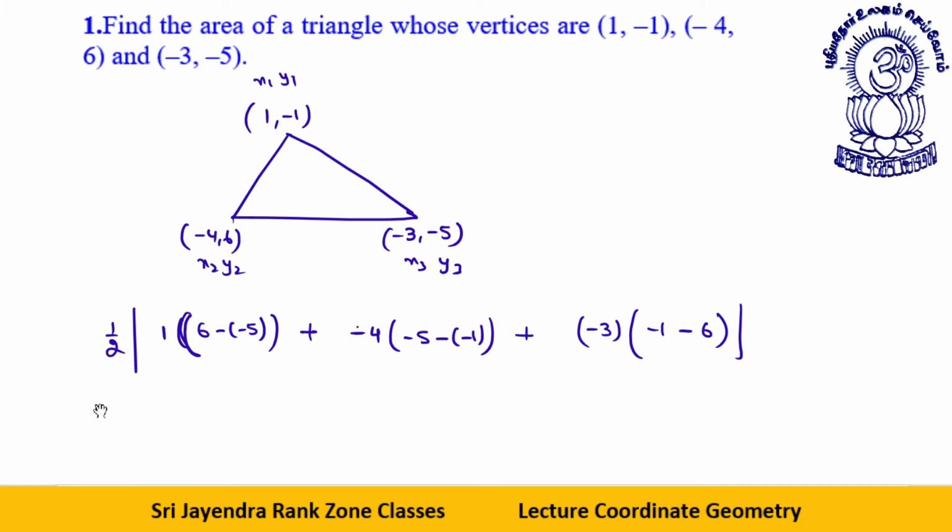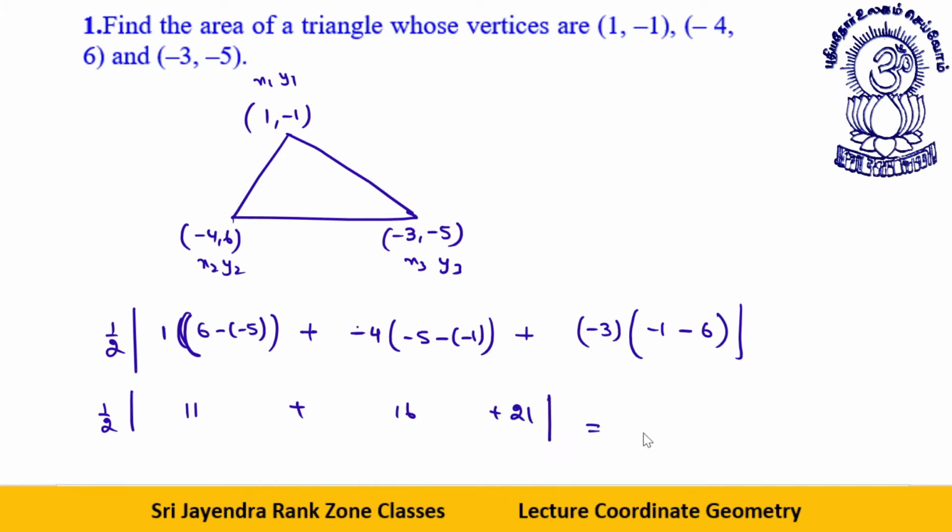Now you just have to add this. 6 minus minus 5 is 11. So 1 into this is positive 11. Then minus 5 plus 1 will be minus 4, so minus 4 into minus 4 will be 16. And finally, minus 3 into minus 7 is plus 21.